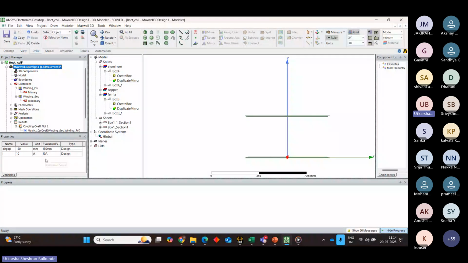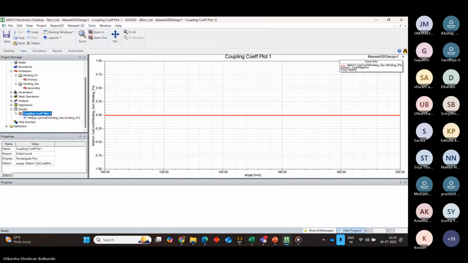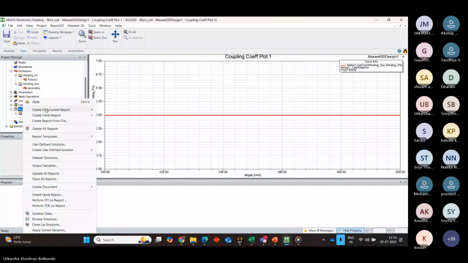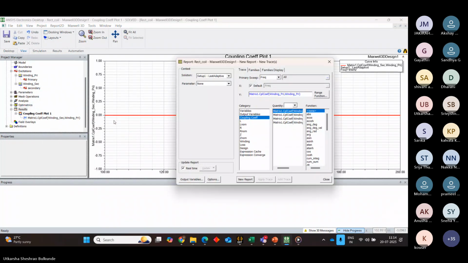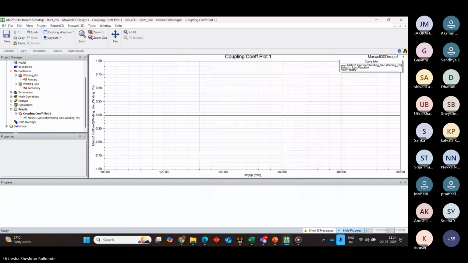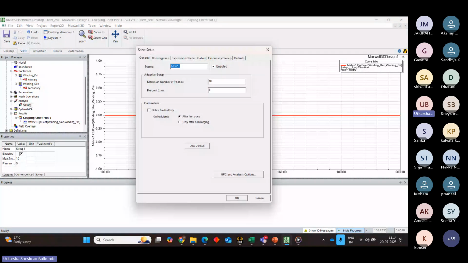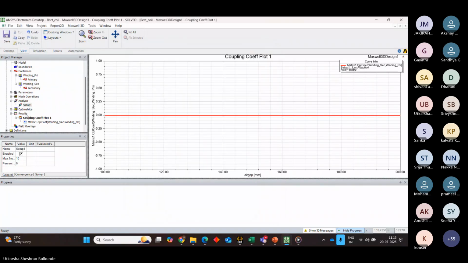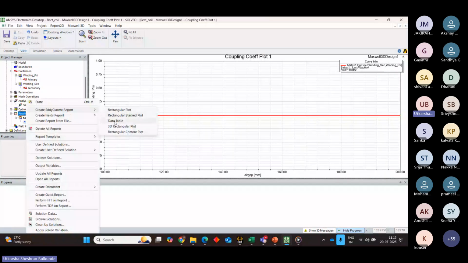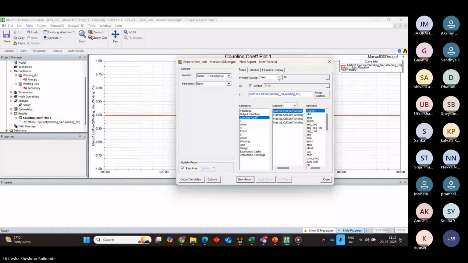It's 10 ampere. Given all the values, right? Air gap.